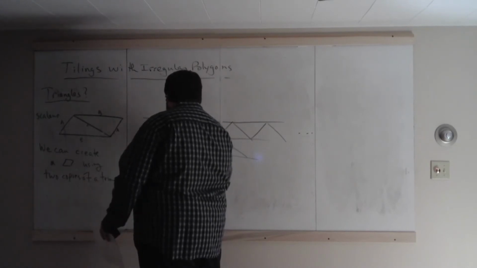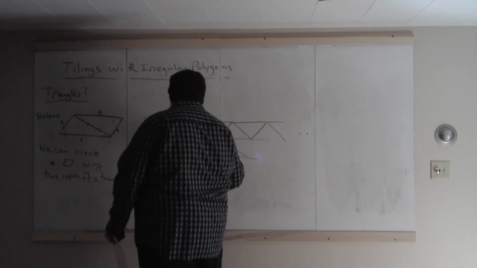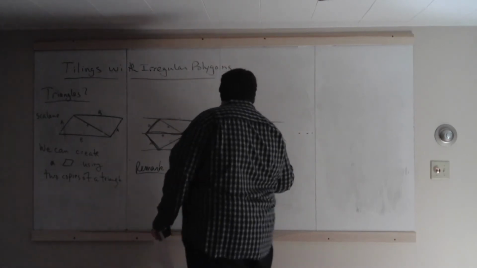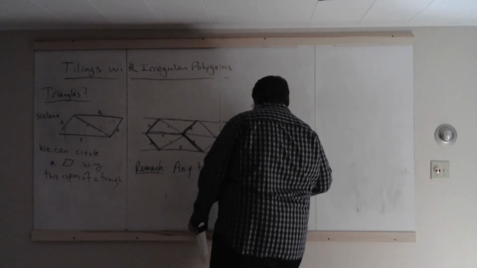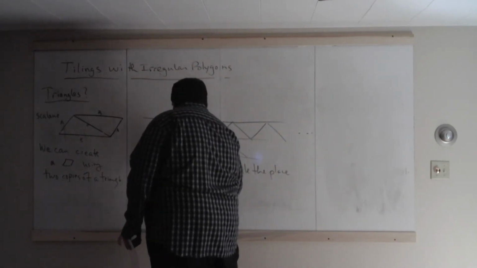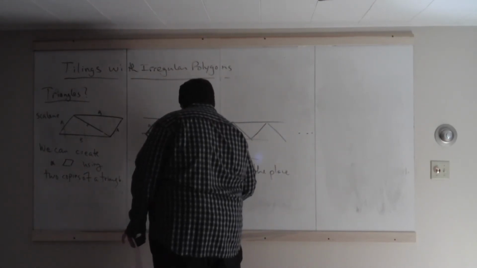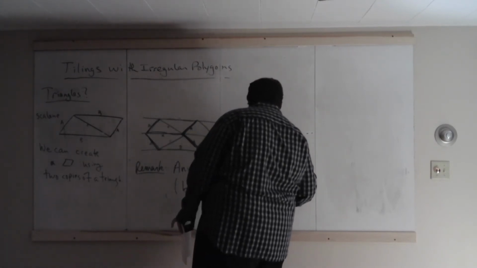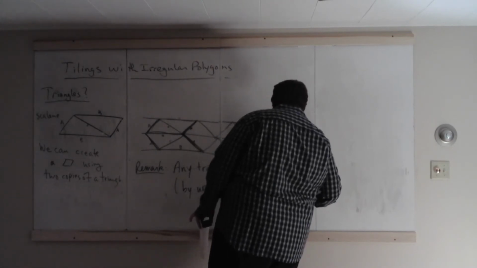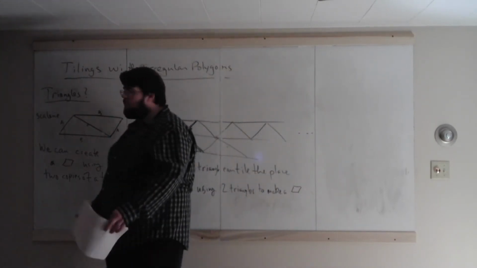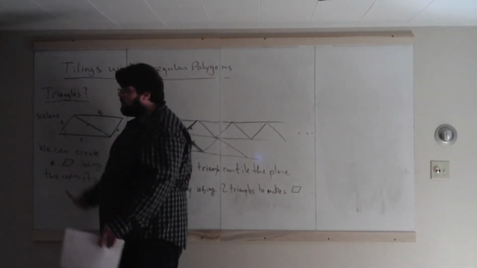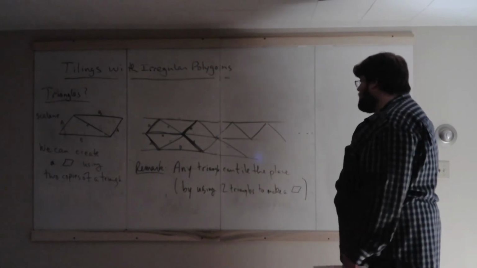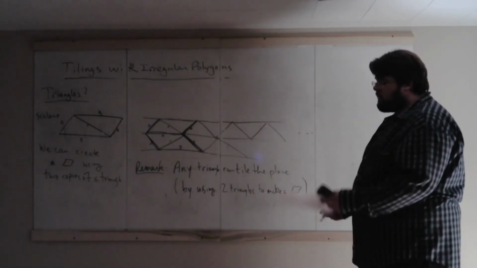So I'll just say, as a remark, any triangle can tile the plane, and as a parenthetical, by using two triangles to make a parallelogram. Parallelogram is a really big word, so I usually just draw a little parallelogram, and then tiling it with parallelograms. So any triangle can work.